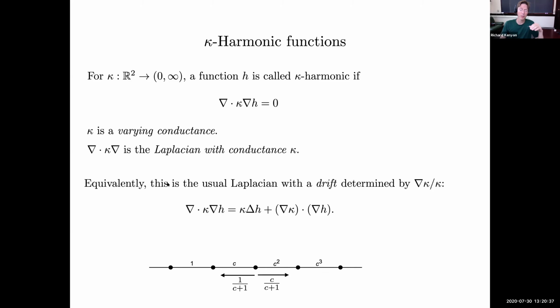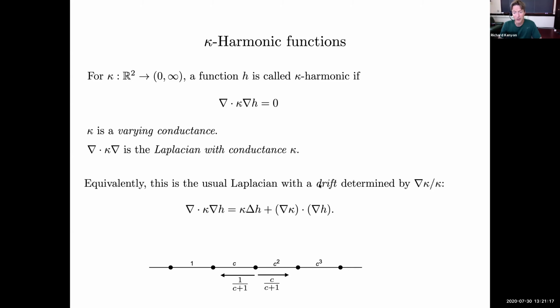If you like to think about random walks or Brownian motion associated to a Laplacian, you can expand this expression out and you will get Kappa times the usual Laplacian applied to h, and then an extra term which involves the gradient of h dotted with the gradient of Kappa. So another way to write this equation is: the Laplacian of h times Kappa plus the gradient of h dotted with the gradient of Kappa equals 0.